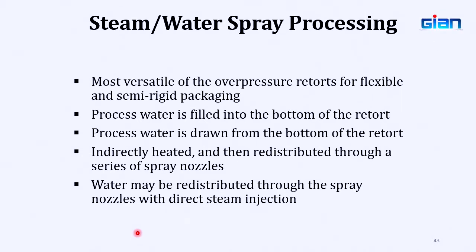So for example, when you spray steam water, it will give heat to your container. The temperature of the steam and water will go down. Then you can use an indirect way of adding heat to this steam-water mixture and then redistribute it. So you can collect that steam water from the bottom, which has a lower temperature than what is coming from the top, and then add the heat and recirculate it.